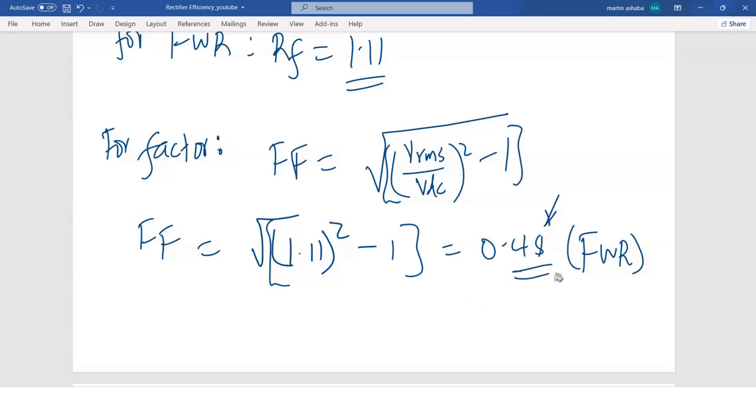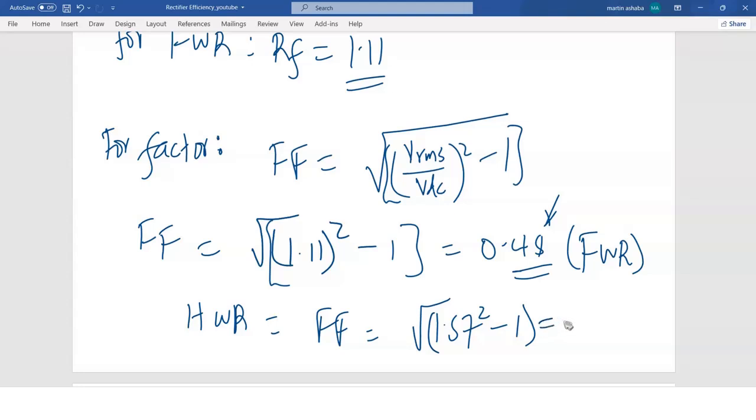And we shall see that for a half wave rectifier, the ripple factor is big. The form factor is going to be the square root of the ripple factor squared minus 1. So if the ripple factor is 1.57, we square it, then minus 1, and take the root.